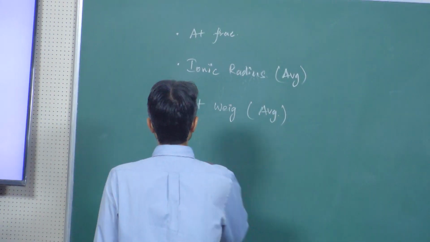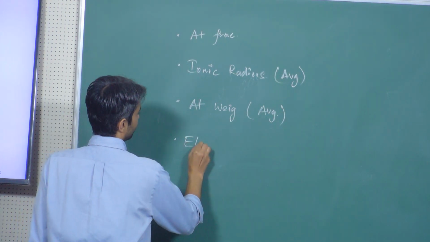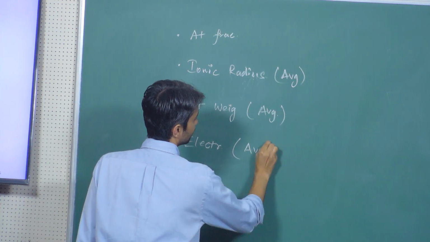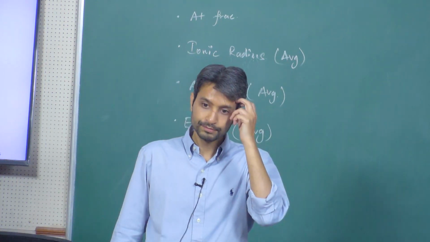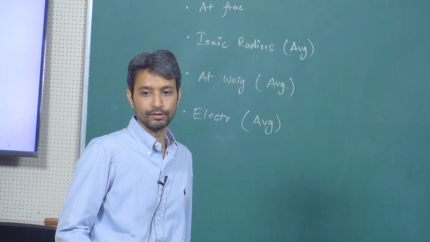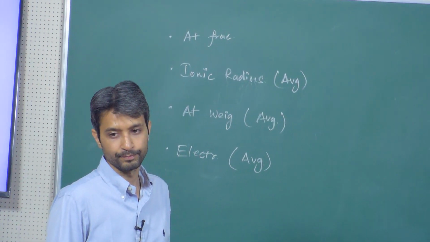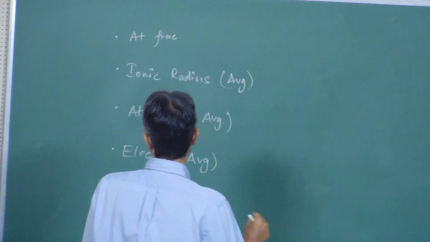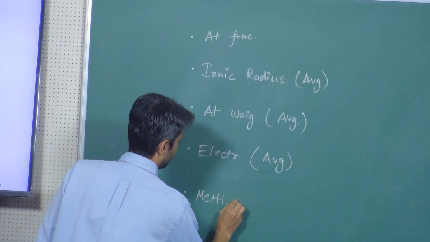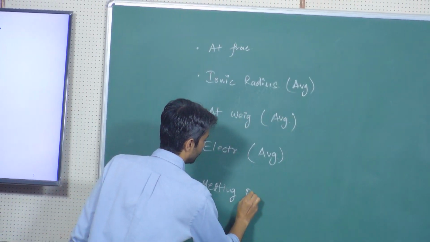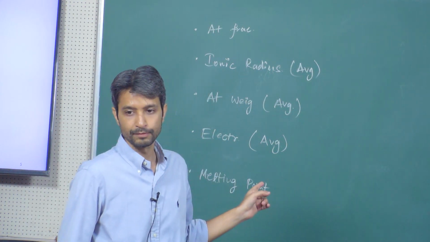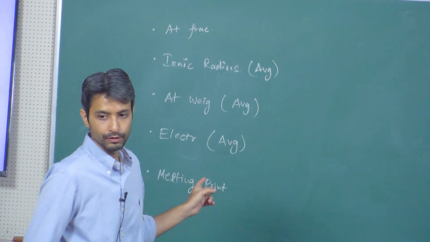Very good. So electronegativity. This one also I need to take average. What else? Thermal stability. Okay, so thermal stability, melting point. Okay, so now melting point, how should I take it? I'll take melting point of the alloy, individual composition.